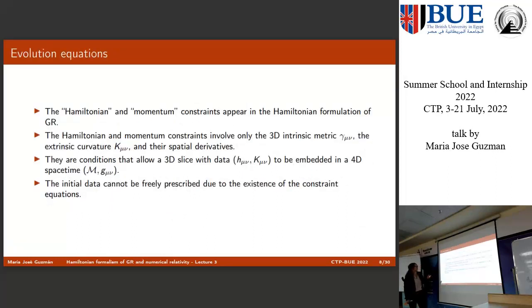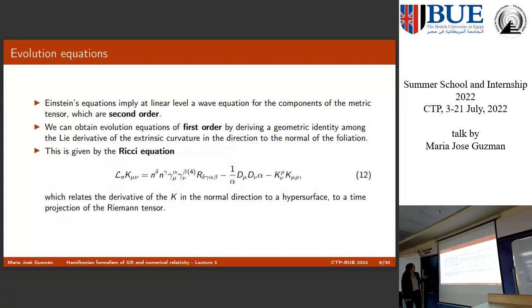These 4 constraints involve the intrinsic metric, the extrinsic curvature, and the spatial derivatives. And so these are conditions that my initial data has to satisfy to be able to evolve in time. The initial data cannot be freely prescribed due to the existence of these constraints in general relativity. And this is just the constraints.